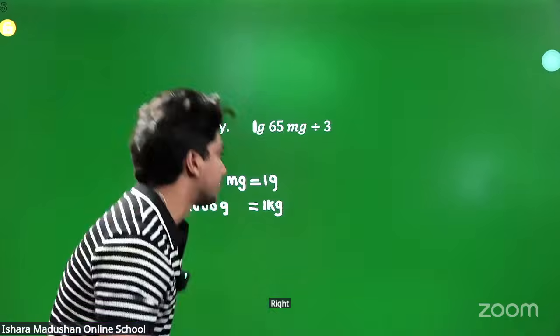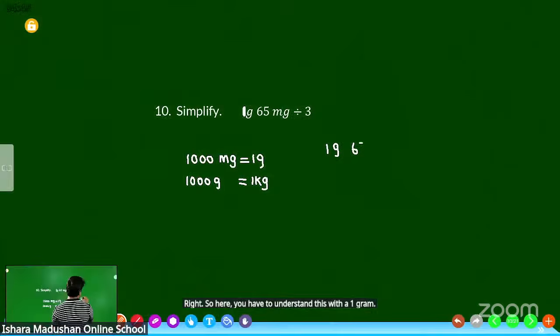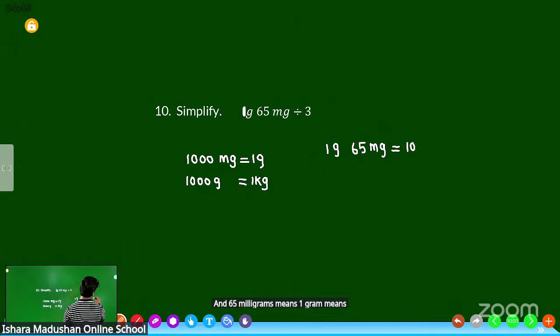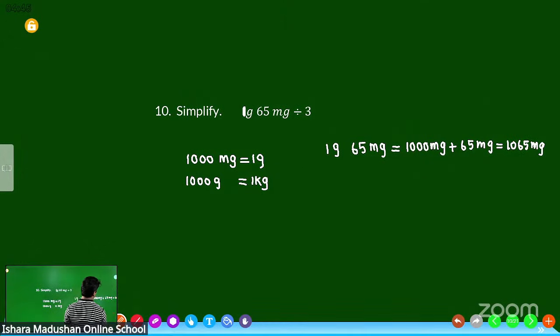So here you have to understand, 1 gram and 65 milligrams means 1 gram is 1000 milligrams. So 1000 milligrams plus 65 milligrams means 1065 milligrams. Right. So I need to divide 1065 milligrams by 3.